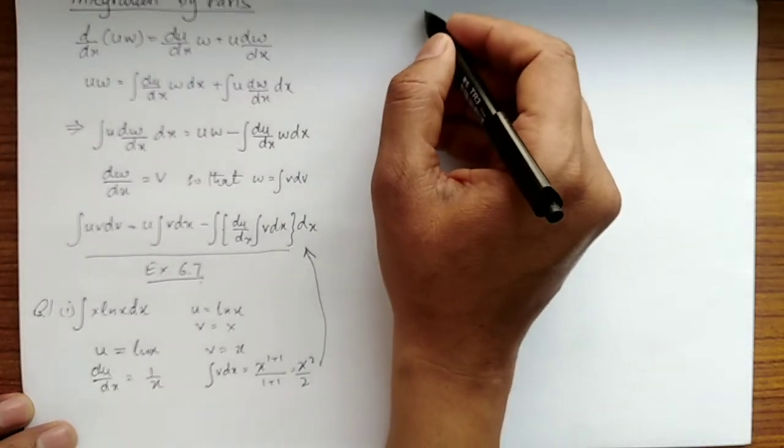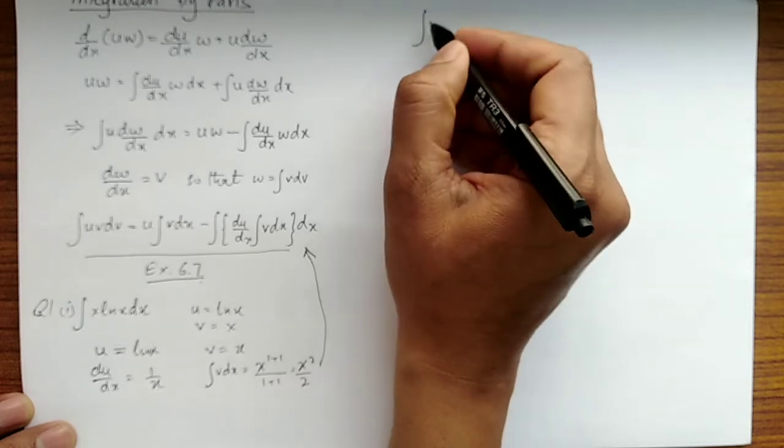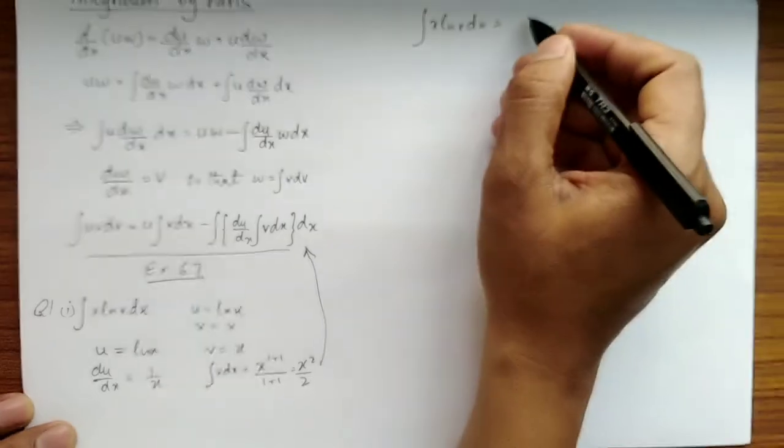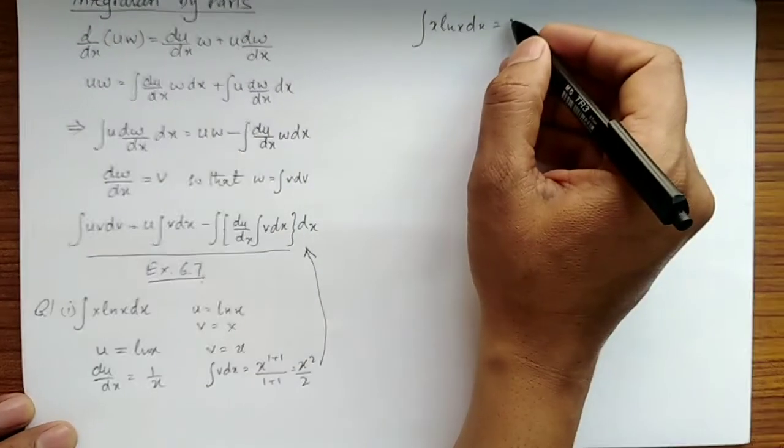So putting the values, that is the integral of x ln x dx. What's the value of u?